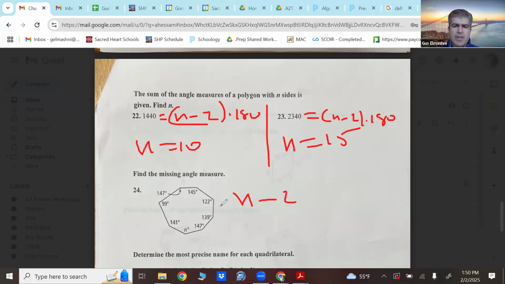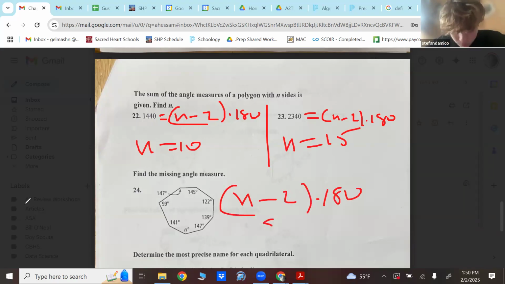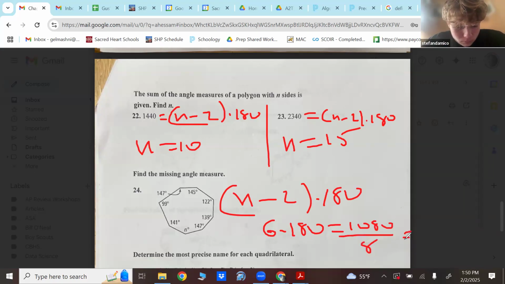You have 8 sides. I don't know why I did that. That was dumb. Just need 1080.